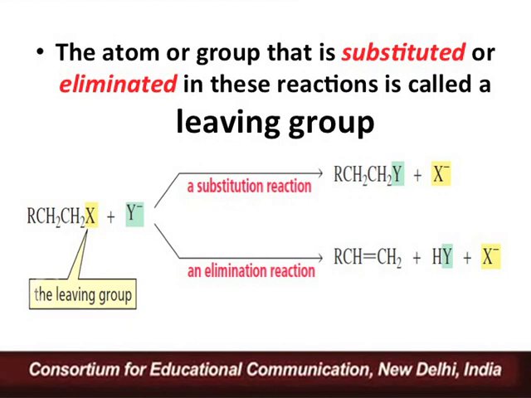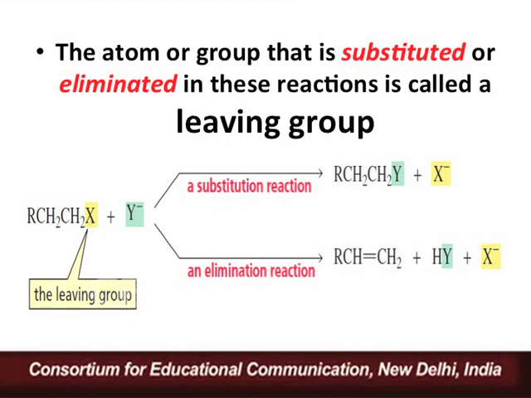As you can see, when we carry out a reaction between an alkyl halide and a nucleophile, this nucleophile can substitute a halide anion, resulting in the formation of a substituted product.